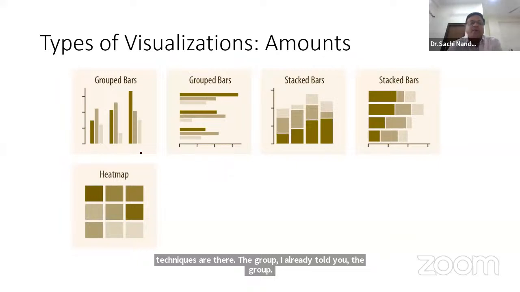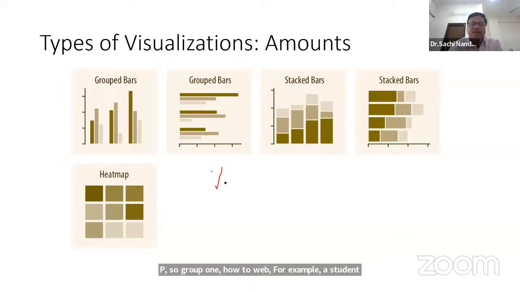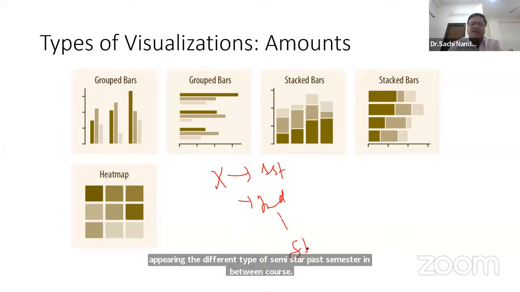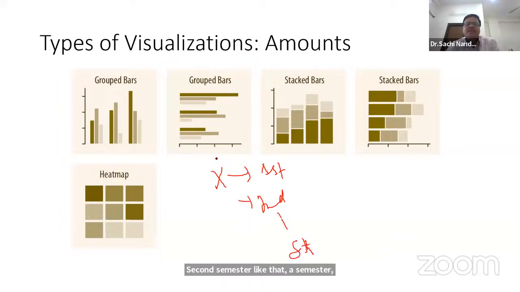For example, a particular student, suppose X student, is appearing in different semesters: first semester in the BTech course, second semester, like that, eighth semester, right? So total engineering is 8 semesters. In the first semester CGPA suppose 8.2, second semester suppose 8.1, third semester suppose 7.5.